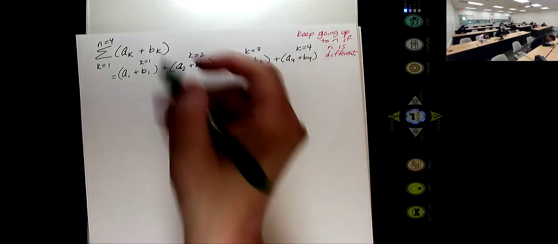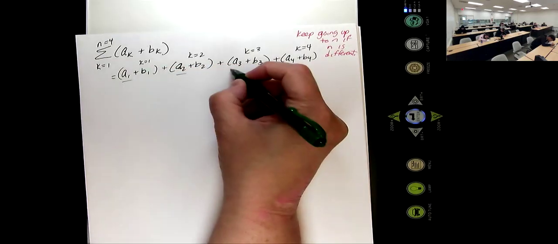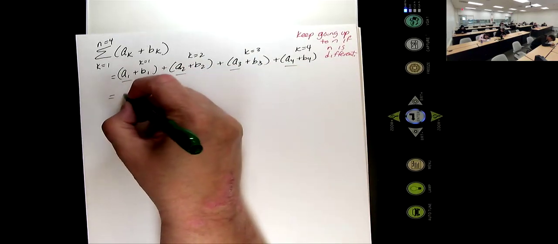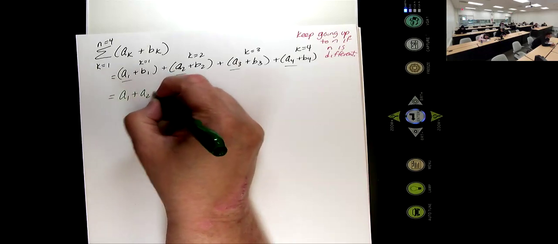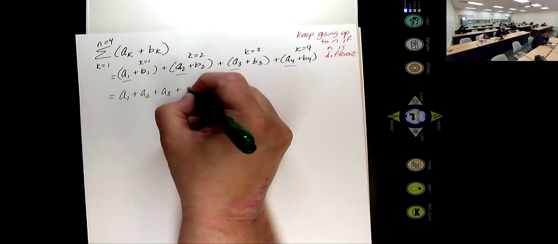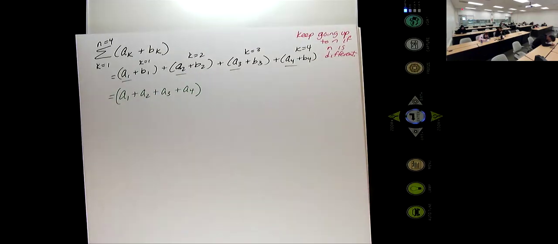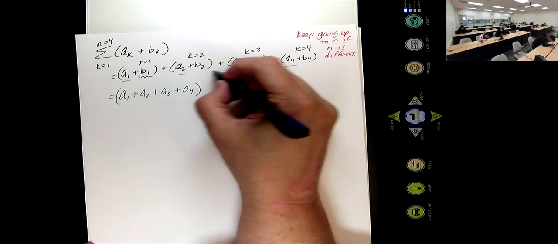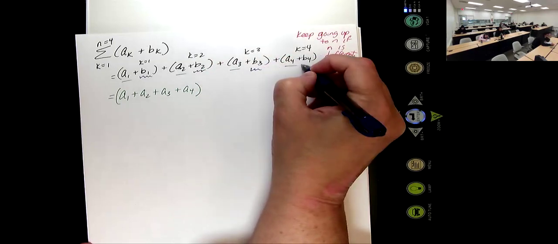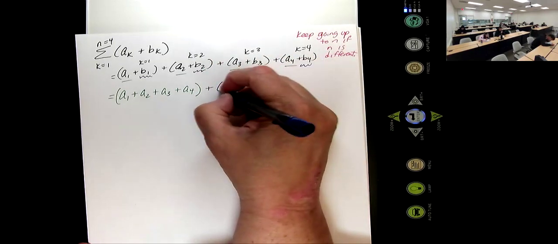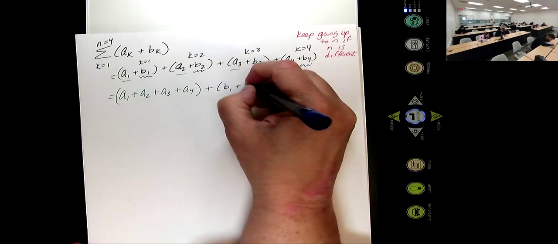What I'm going to do is take all the a's and put them together, and then take all the b's. These are all added, so this is completely valid, I'm just rearranging the order.